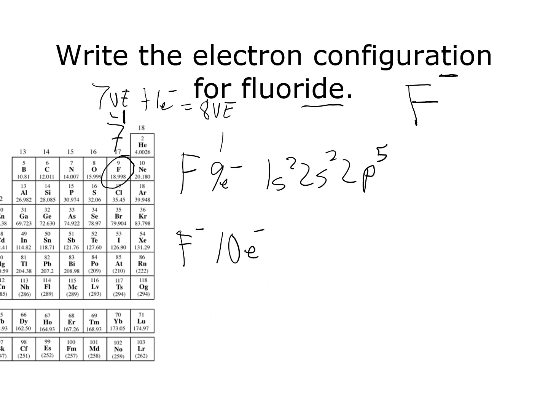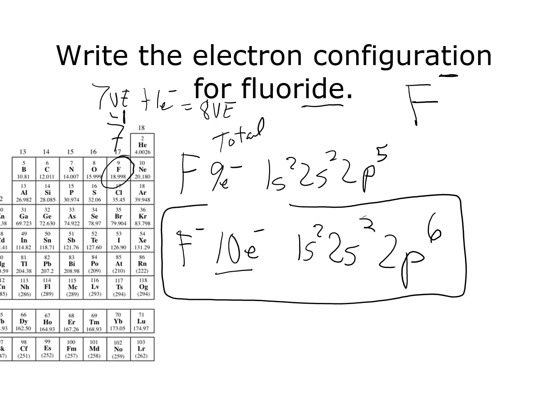So these are total electrons, not valence. We said we have 8 total valence electrons for fluoride ion, but the first 2 electrons went in shell number 1. So that's why we have a total of 10 electrons for fluoride. So to write the electron configuration for fluoride, you're just going to add 1 more electron. So we go 1s2, 2s2, 2p, add 1 more to 5, and we get 2p6. So this would be my electron configuration for fluoride.